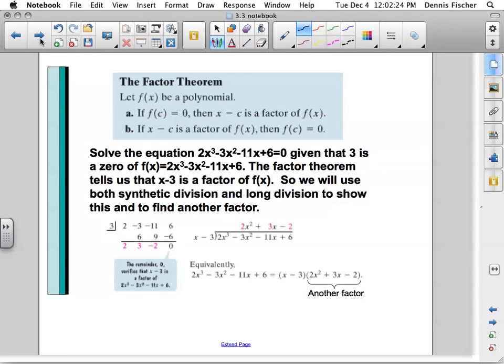So you can start looking at it in your packets. We are on section 3.3. We got a long section.